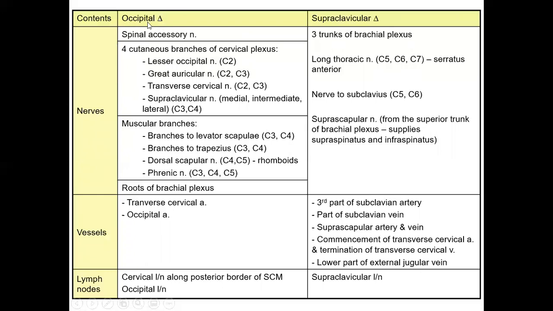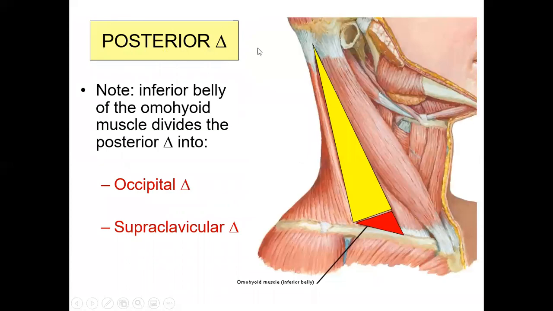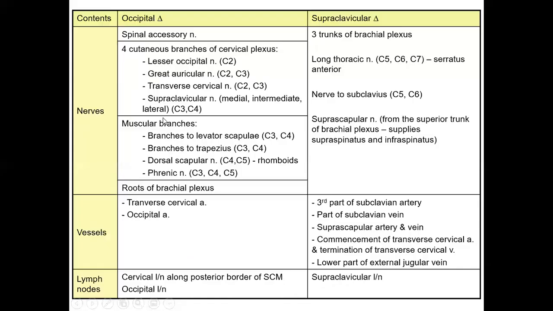We have the nerves, the vessels, and also the lymphatics. You can read on your own all the contents present in the smaller triangles of the posterior triangle of the neck.